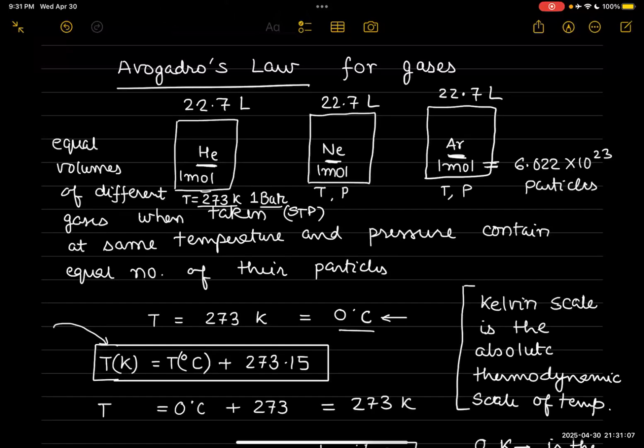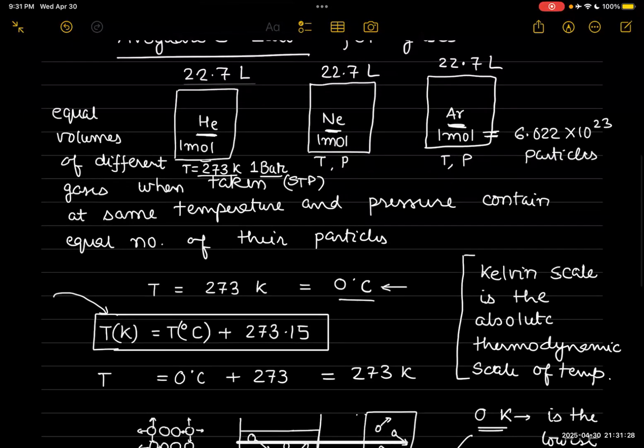Sir, usually for 1 mole of gas, we use 22.7 liters. Yes, exactly, but that is at STP only, standard temperature and pressure. If you increase the pressure, suppose to 2 bar, what will happen?